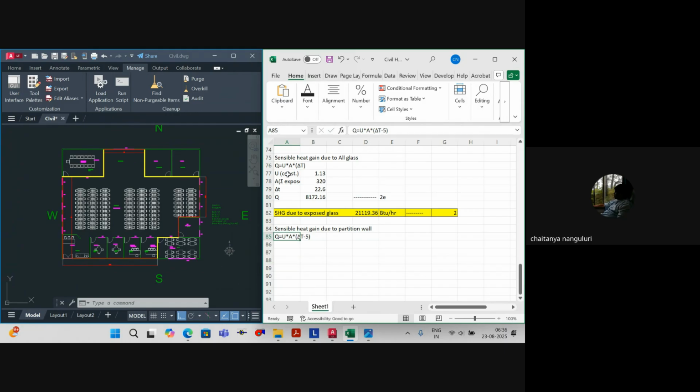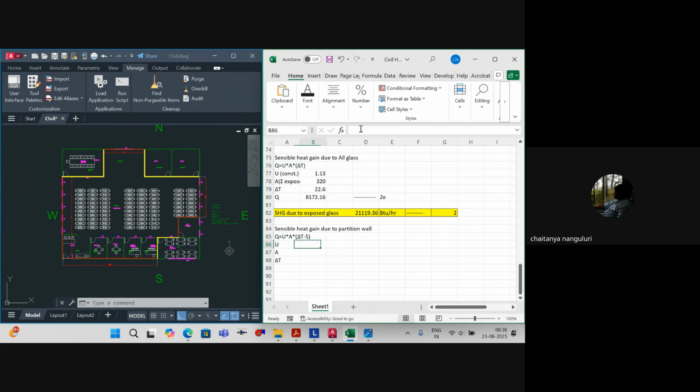That's the reason. So we have to calculate your U value, your A value, and delta T, which is capital T, the temperature difference between inside and outside.